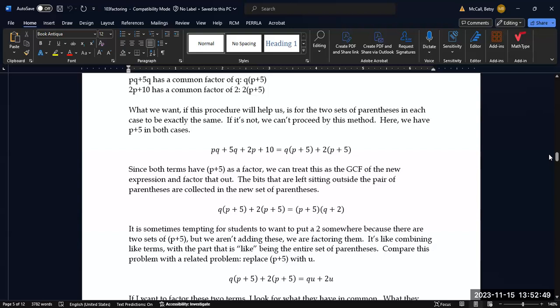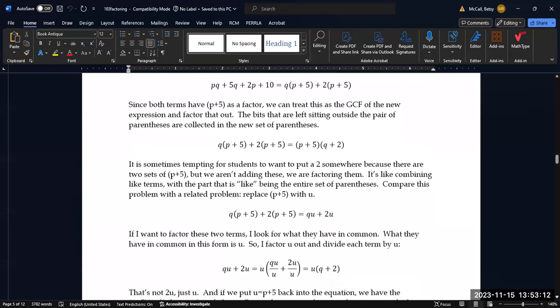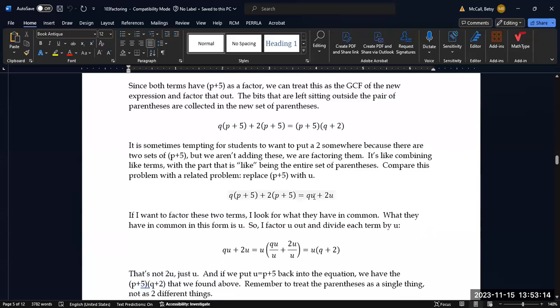If this seems kind of complicated, you can also do this thinking about it like a substitution. If you replace the p plus 5 with a dummy variable like u, then that reduces the expression that has so much stuff going on into q times u plus 2 times u. And then it may be easier for you to see that, oh yeah, there is a u in common.